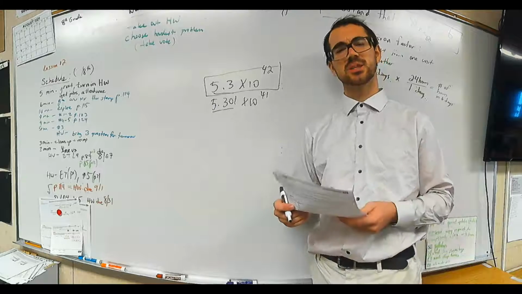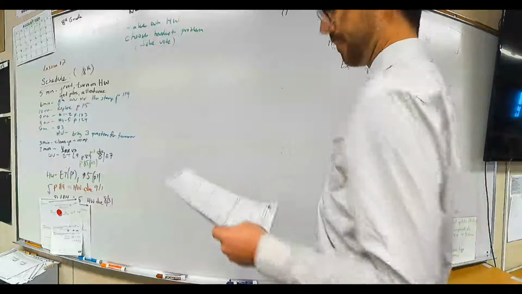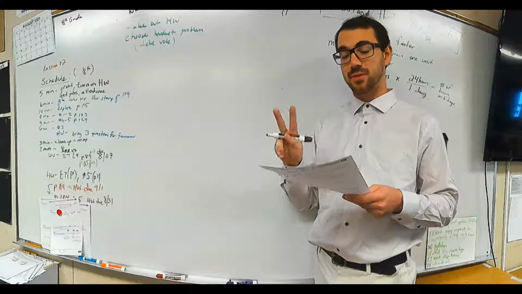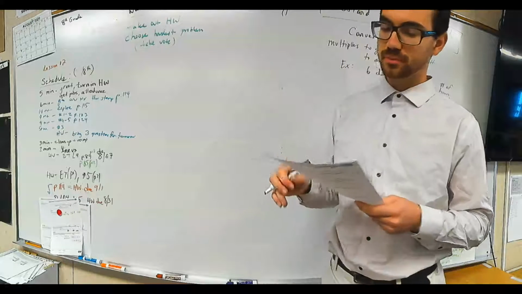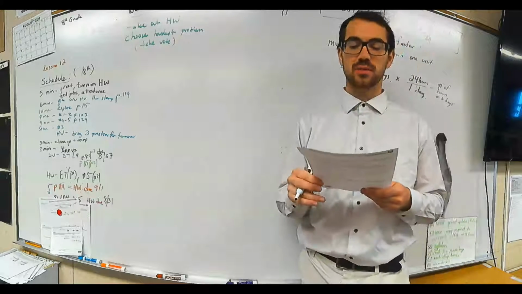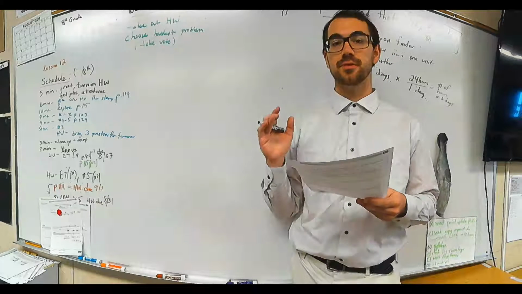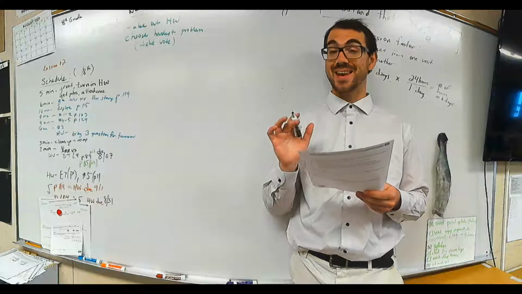Okay, let's talk about the exploratory challenge. So, given two positive numbers, we're only talking about positive numbers now, okay, no negative numbers. Given two positive numbers in scientific notation, A times 10 to the power of m and B times 10 to the power of n.